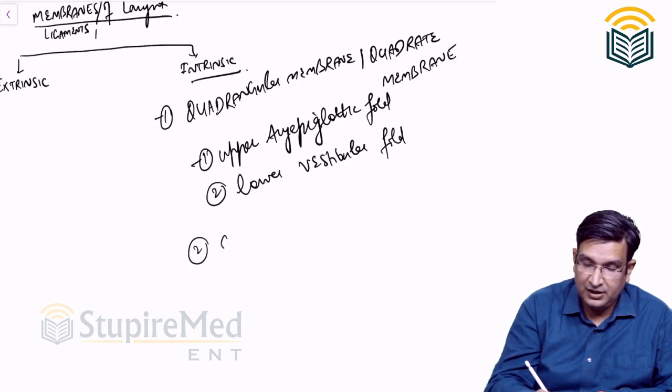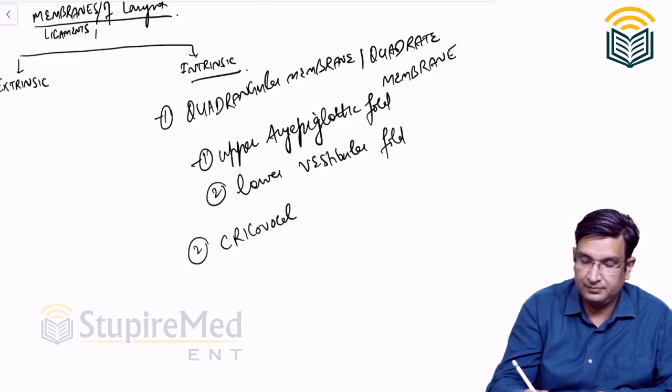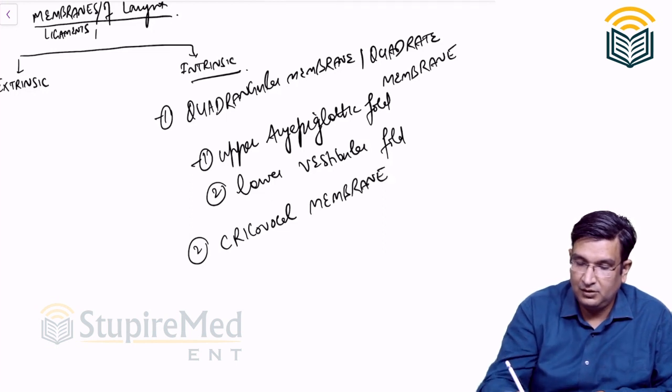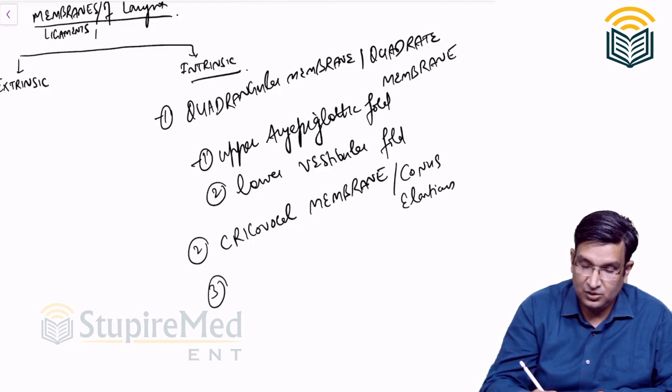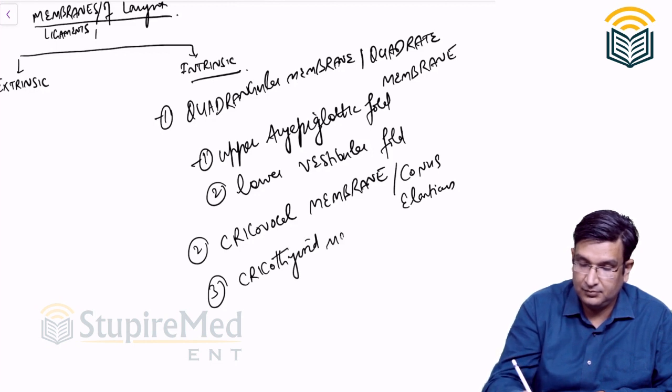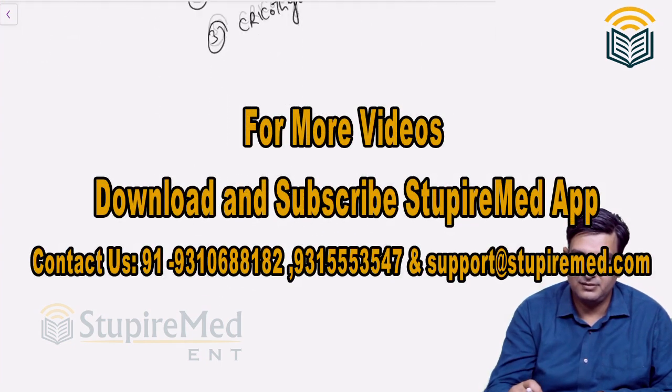The second membrane is the cricovocal membrane, also called the conus elasticus, and the third membrane is the cricothyroid membrane. Now to understand these membranes, let's make a diagram.